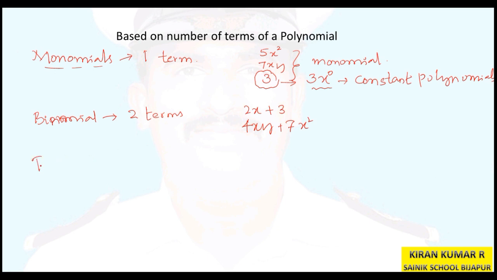If a polynomial has got three terms, then it is called a trinomial, which means it is having three terms. For example, x plus 3y plus z, 2x square minus 7x square plus z, it is having three terms. This is based on the number of terms of a polynomial.